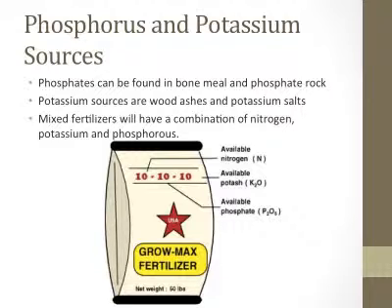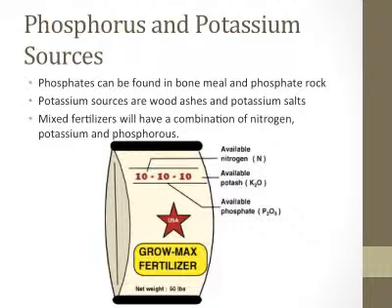Not one fertilizer is going to work for everything, because every plant needs a slightly different ratio of nitrate to phosphate to potassium. So mixed fertilizers are what you will find in the store. I want to say usually it's like 10% phosphates, 30% nitrates, but that's just me trying to remember from looking at the bag. I honestly don't remember off the top of my head.